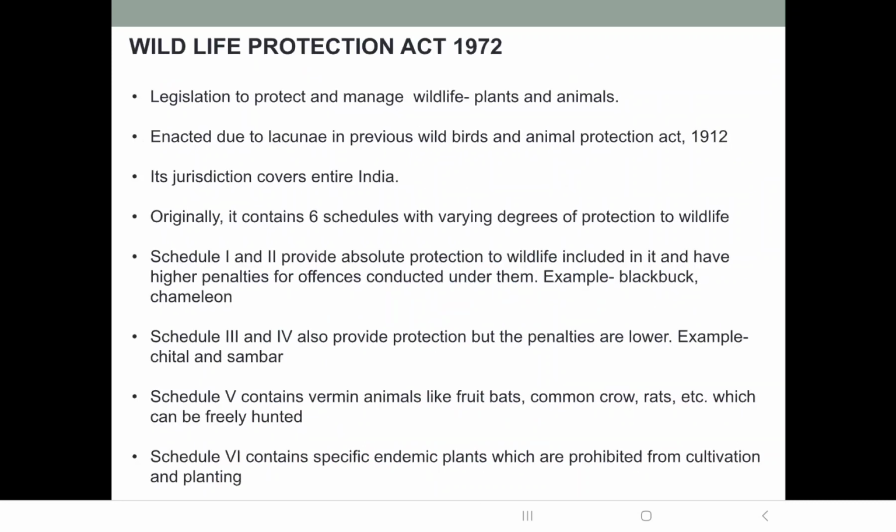Then we have discussed the Wildlife Protection Act. Again, it is a legislation to protect wildlife, that is plants and animals. Jurisdiction is the entire India. There are 6 schedules, with varying degrees of protection.